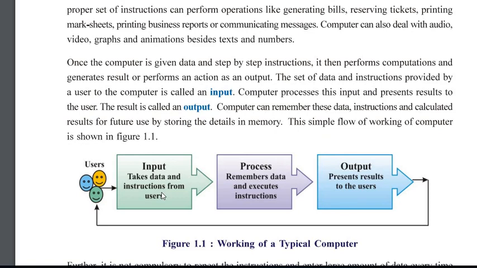After input it works on process and then gives us output. Input is given by the user. Input means taking data and instructions from the user. Process means whatever program is installed in the computer performs the task on that input data. After the processing, it gives the proper output.